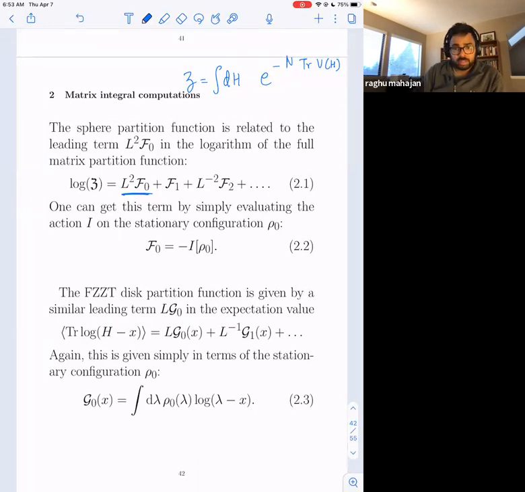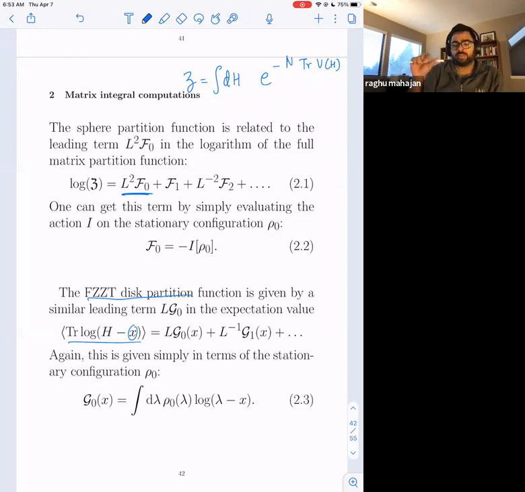There is also this disk partition function that we computed, which is related to the following expectation value. It's like the log of the characteristic polynomial of the matrix. So the characteristic polynomial is the determinant of x minus the matrix. So it's just the log of that. And this x here is related to alpha.